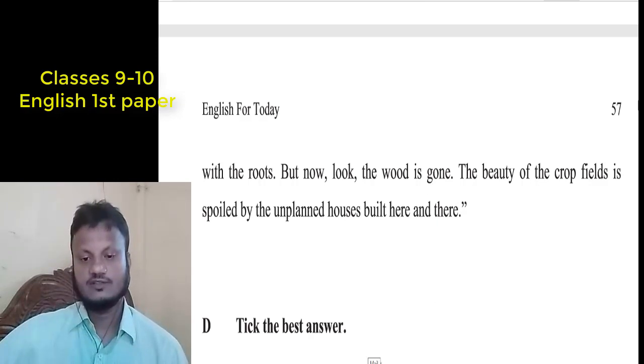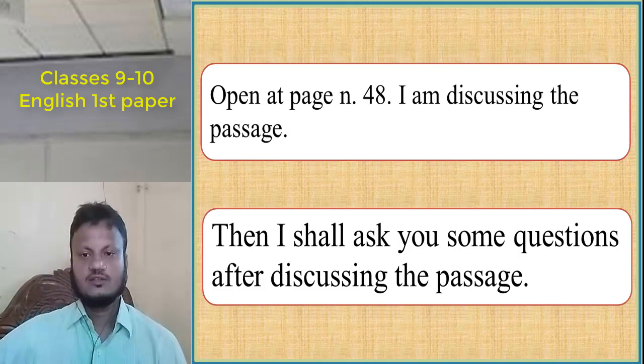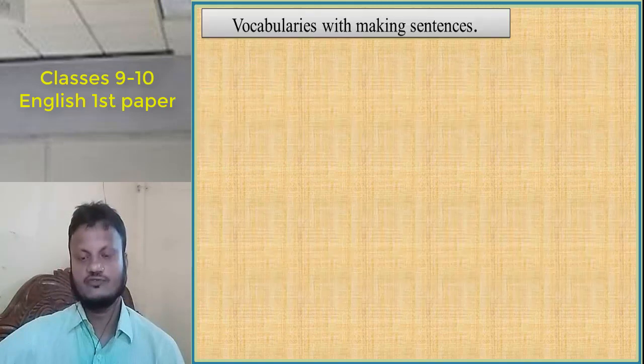Now we are going to discuss more about the information that we have already got from the topics. But before discussing the passages, I think that you have faced some new vocabularies.